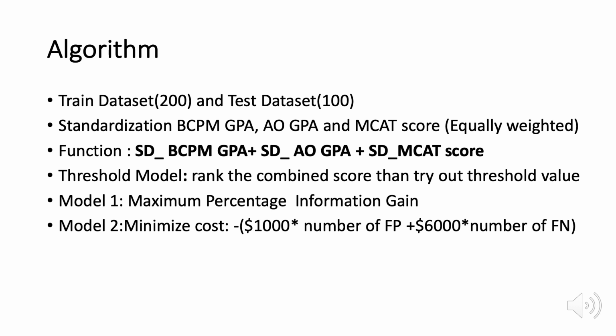And then I ran the standardized combined score at different thresholds. I used the first model to select the features and the second model to decide the optimized thresholds for the models by minimizing the cost.